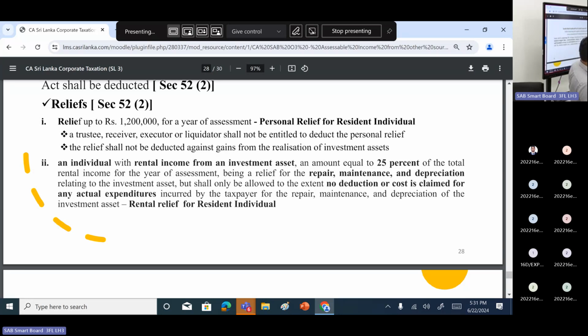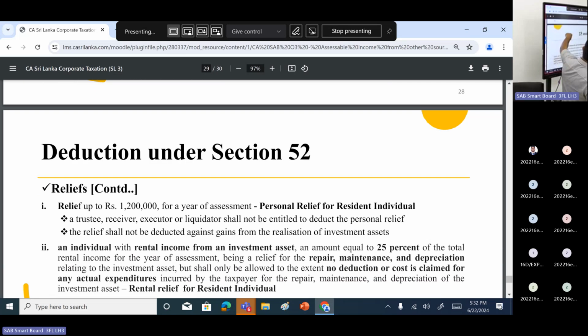So the meaning here is either you have to claim 25% or actual expenditure. It doesn't mean you can change: this year you claim actual, next year you claim 25%, since every year you are not having repair cost for maintenance. Of course, maintenance and repair may be in and out, right?